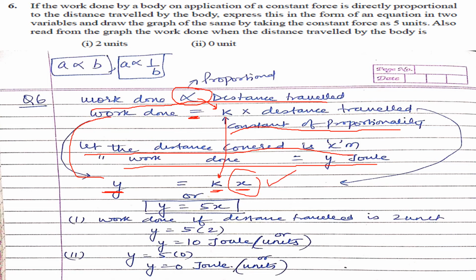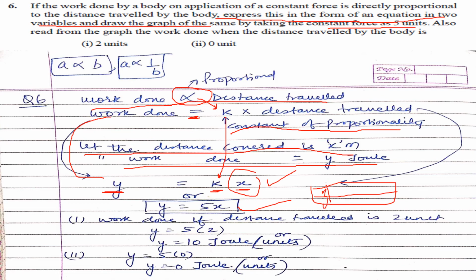Now if you read the question, it is saying express this in the form of an equation in two variables and draw the graph of the same by taking constant force as 5 units. So they have taken the constant as 5 units, so we can take this k as 5. So the equation is y = 5x. Now you can easily make a box like this, find three solutions of this and draw a graph.